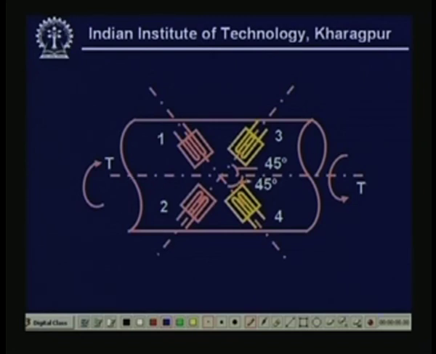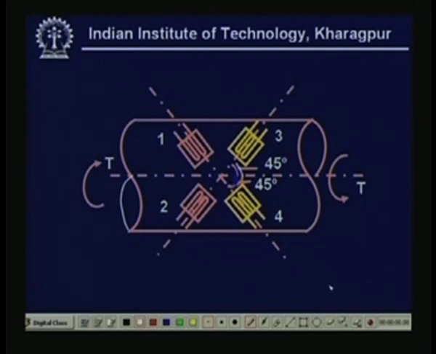This is a 45-degree helix, and you see this is a 45-degree angle, this is 45-degree, this is also a 45-degree helix, and these 3 and 4 you cannot see from this side, right. It is on the other side, that is the reason we have drawn it with a different color, right. And so, I should draw here strain gauges 1 and 2 and 3 and 4.